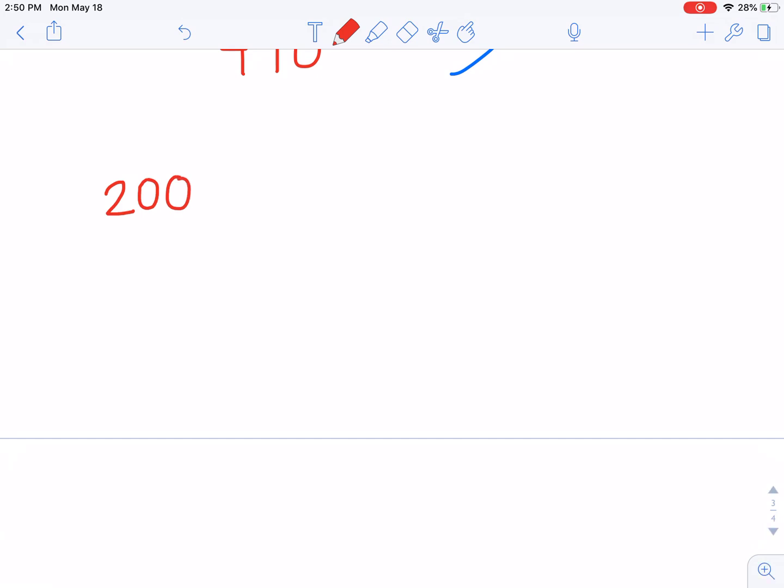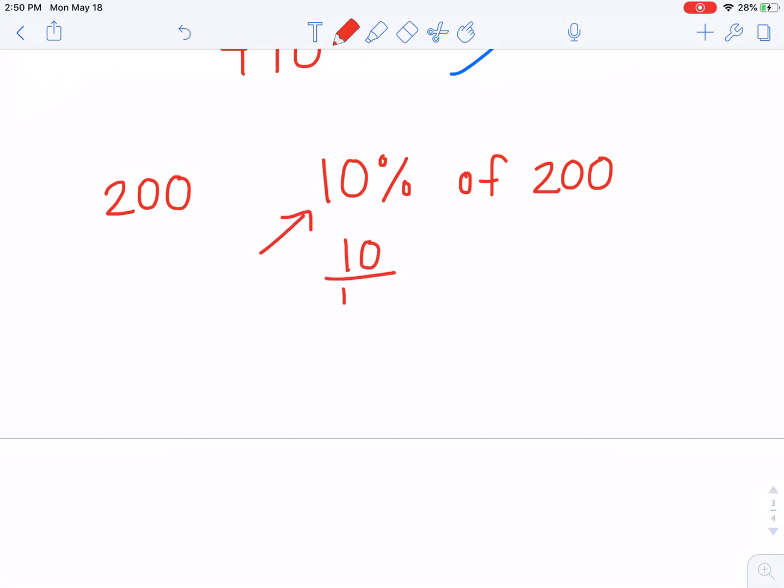Okay? And she had a coupon for 10% off. So she had a coupon for 10% off of $200. Okay? And I do know this fraction. It's 10 over 100.